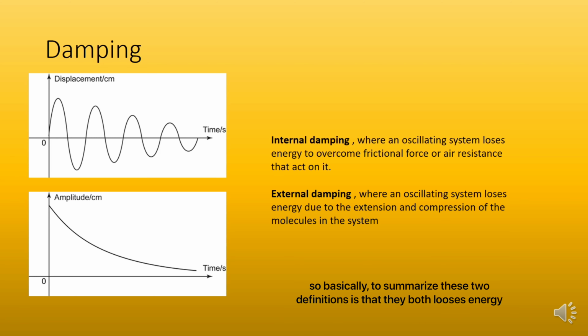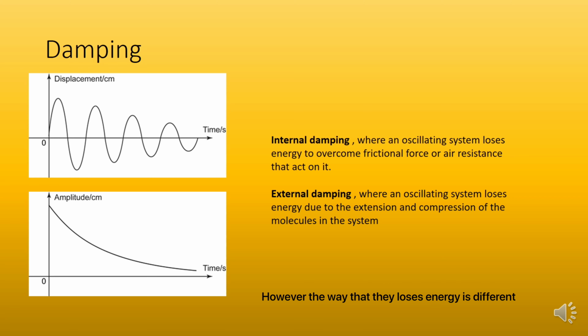So basically, to summarize these two definitions, they both lose energy. However, the way that they lose energy is different. External damping loses energy due to the frictional force or air resistance, which is the outside force applied on it.